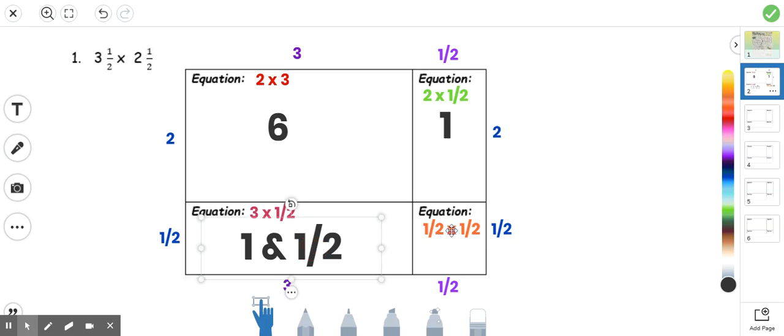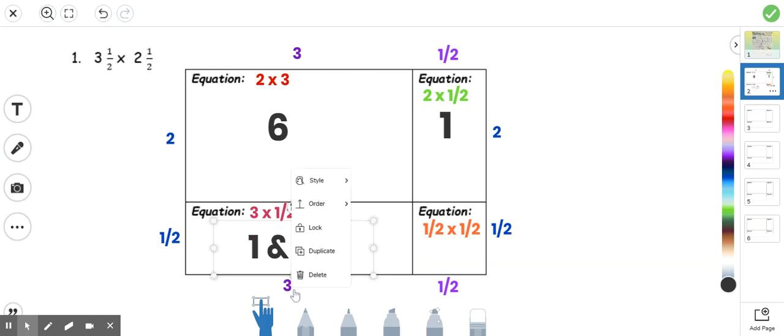And then for this last box here, we're definitely going to want you to use the rule that we learned about multiplication and not really try to do an array. This already has a lot of steps as it is, and we don't need to add an array to that. So 1/2 times 1/2, 1 times 1 is 1, and 2 times 2 is 4.